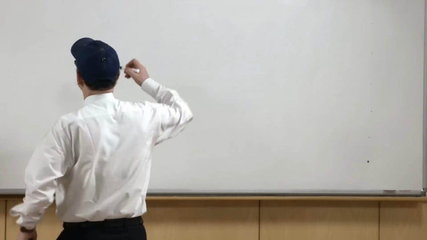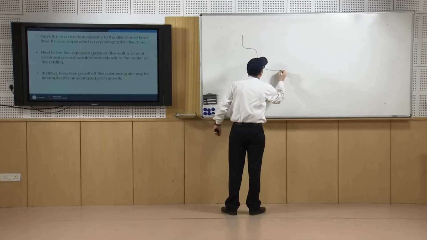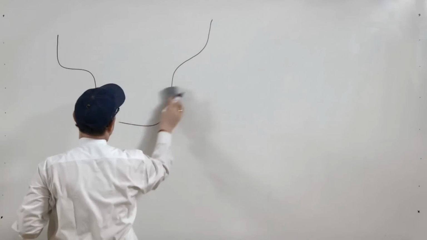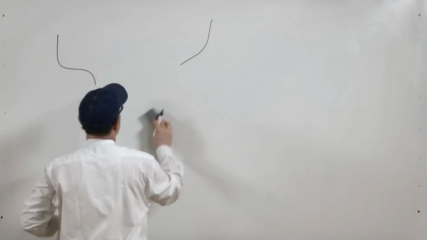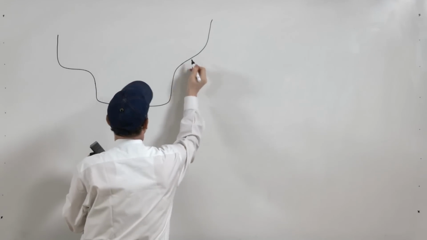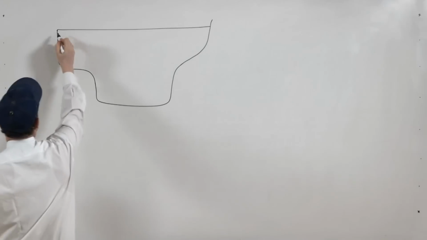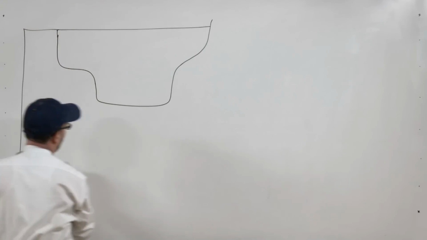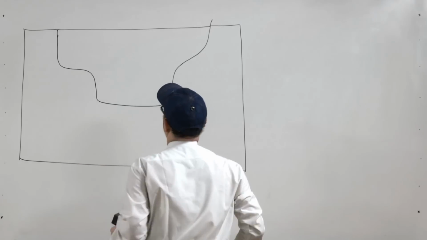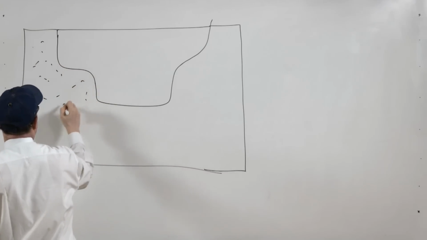So, suppose you have a cavity of this shape, and it is in a sand mold. This is all sand or any molding material.